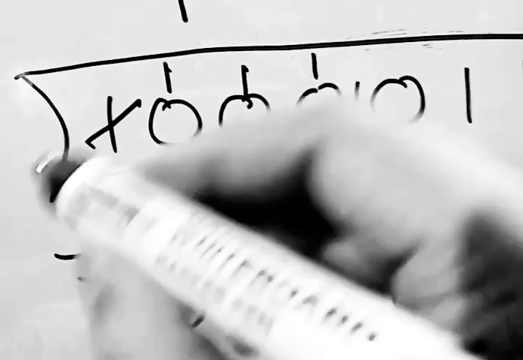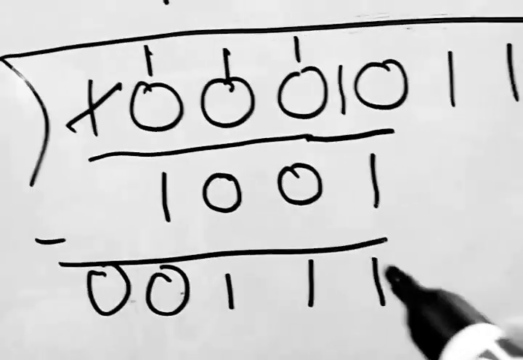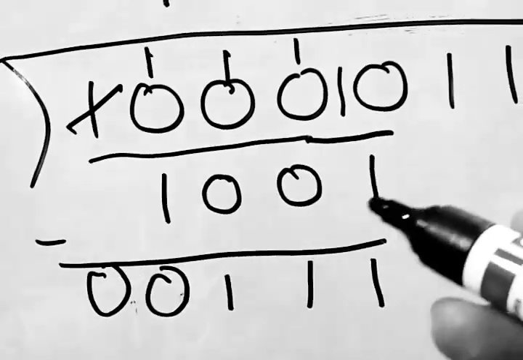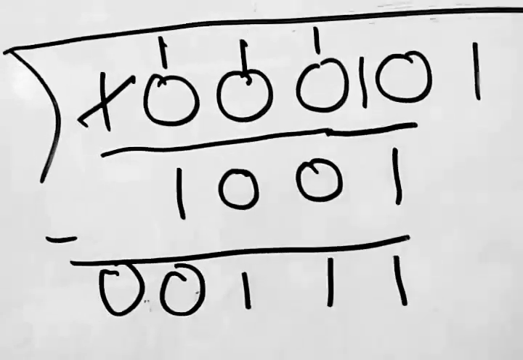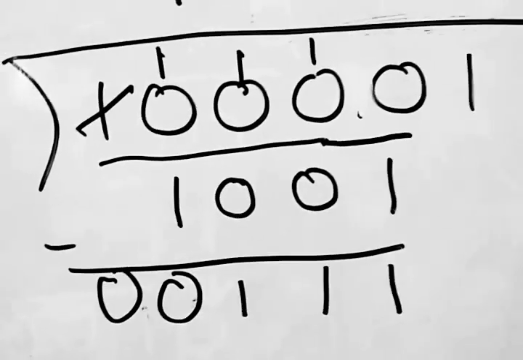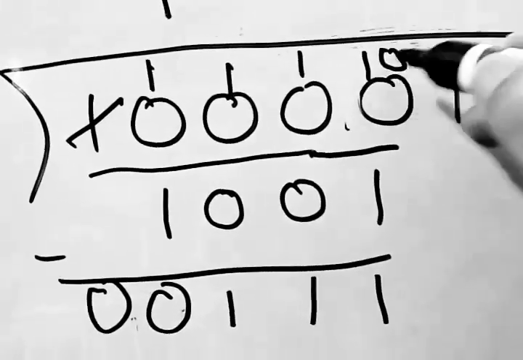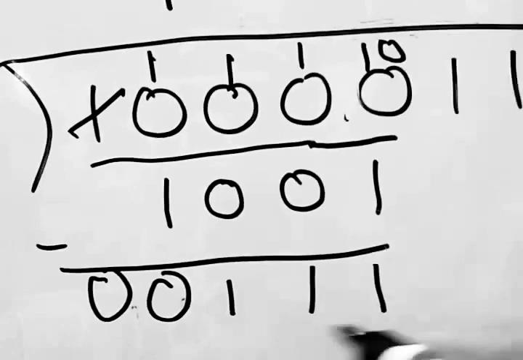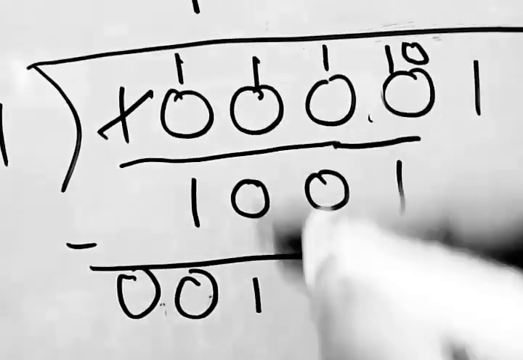This you can do by binary subtraction rules, so I am not going into details. Already you have covered subtraction for that reason. This balance is 10, so 10 minus 1. So now 111 comes after subtraction.